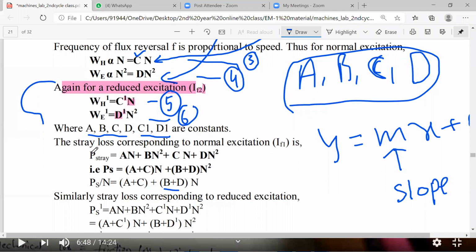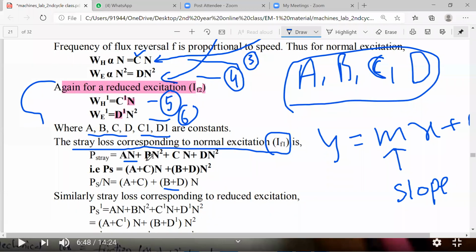Therefore, total stray losses corresponding to normal excitation: there are 4 losses, the brush resistance loss, mechanical loss, hysteresis loss, and eddy current loss. Total stray losses means these 4 components: equation 1, equation 2, equation 3, equation 4. Stray loss is represented as Ps.